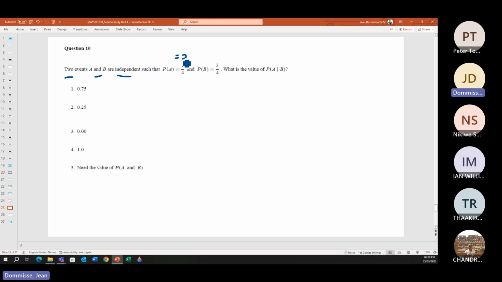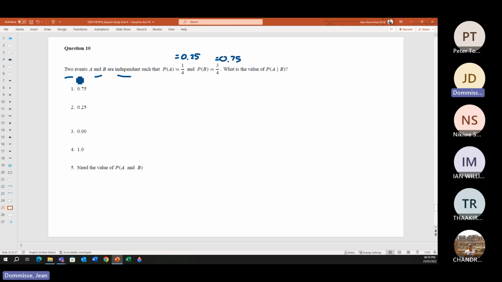So 1/4 is 0.25 and 3/4 is 0.75, because else it is very difficult when you start working with fractions to work it out. I find it much easier with the decimals.